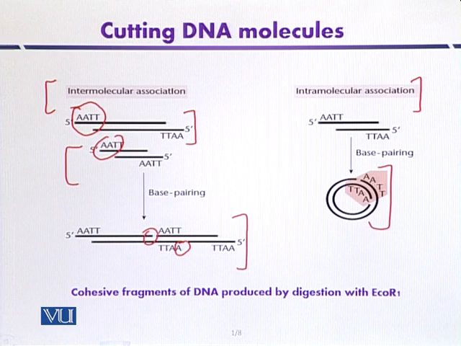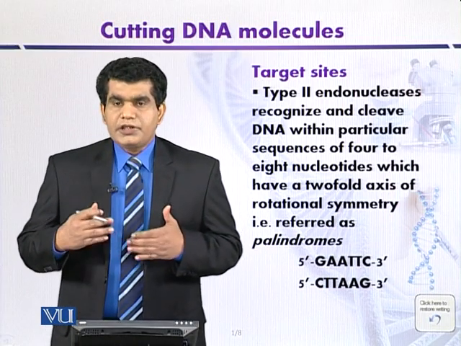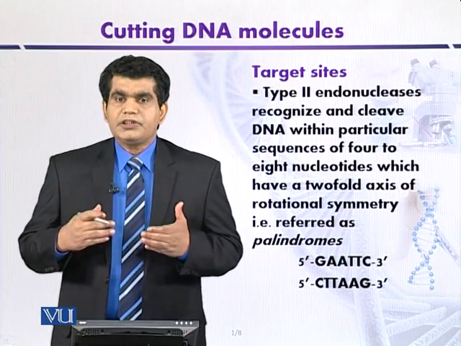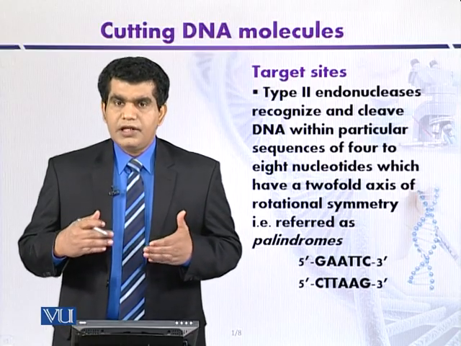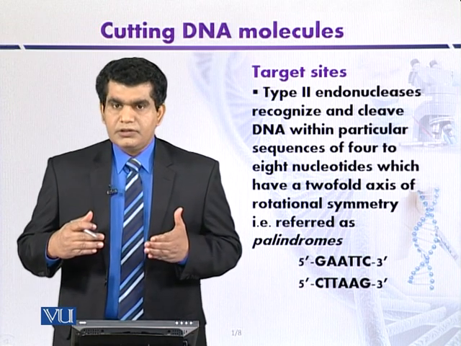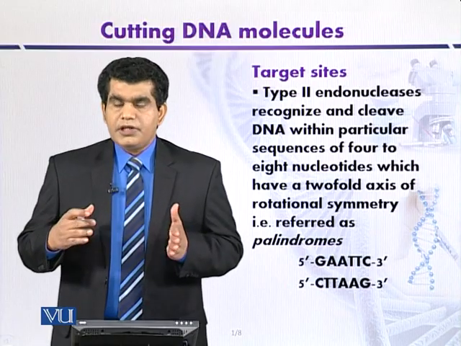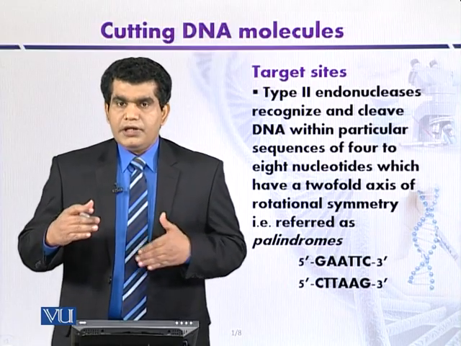So this may be the situation where sometimes transformants have the foreign DNA, and sometimes intramolecular association occurs where no foreign DNA is there. So from this discussion we can say that restriction enzymes may be of different types and can recognize different recognition sequences, and even the fragments they produce can vary in length.